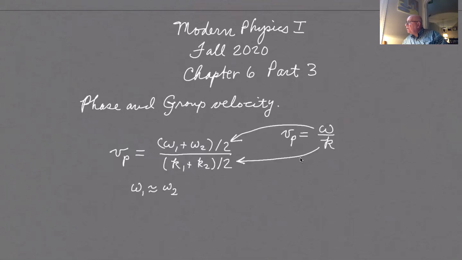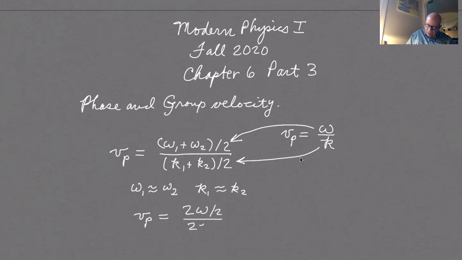Knowing that omega 1 is approximately equal to omega 2, and k1 is approximately equal to k2, we get that the phase velocity of those two waves that comprise the composite wave is going to look something like 2 omega over 2k, which is omega over k.